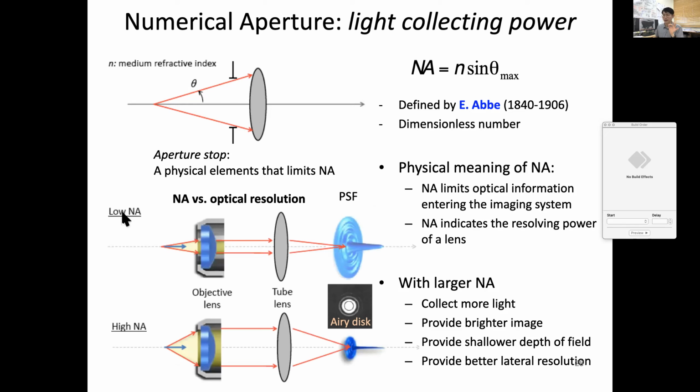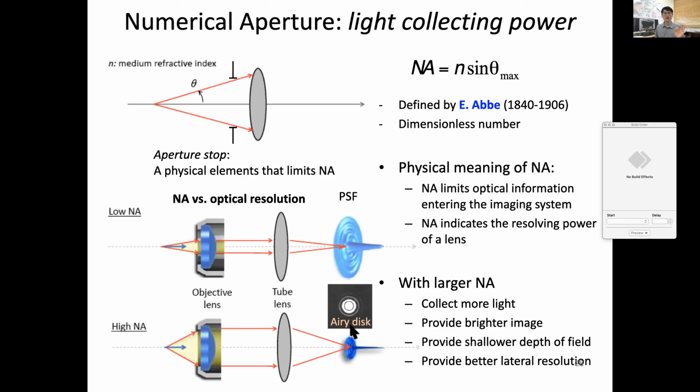So in fact, I want to show how a point will form an image on your image space. So let's say there are two cases, low and high NA. Low NA will form a tiny, let's assume a tiny point formed here versus here. And in fact, this is not a point anymore. I plotted this one as a 3D. And if you look at it under the screen or your camera, it looks like this, like a disc with this shape.